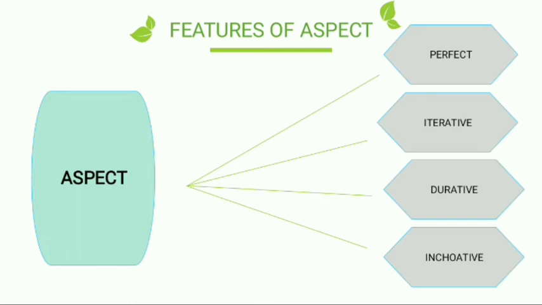We can also call it the simple present tense, that is the habitual. And then durative means the duration of an action. This is related to the perfect tense. And then the last one is inquisitive. Inquisitive means the signal of the beginning of an action. This is also related to the perfect tense.